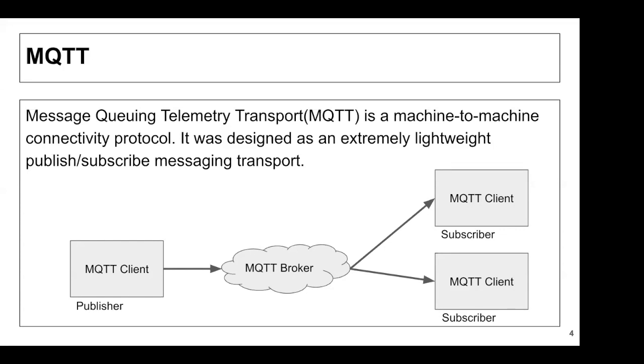But at the industrial level, there is a project which is called Eclipse Tahu. They implemented MQTT over their system to get all this data and provide it inside the broker.